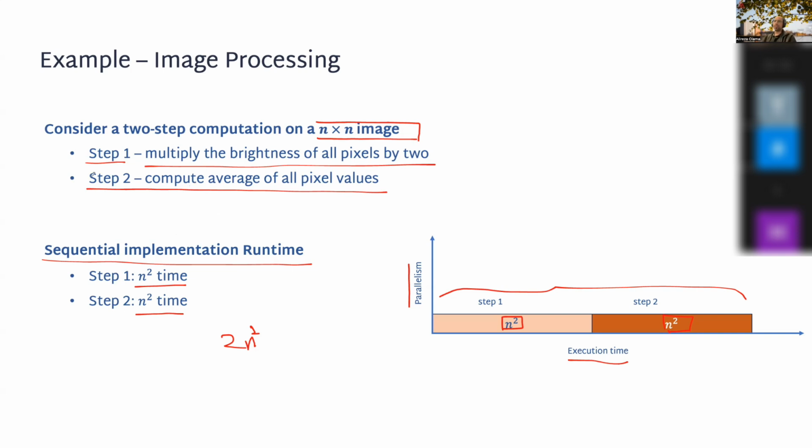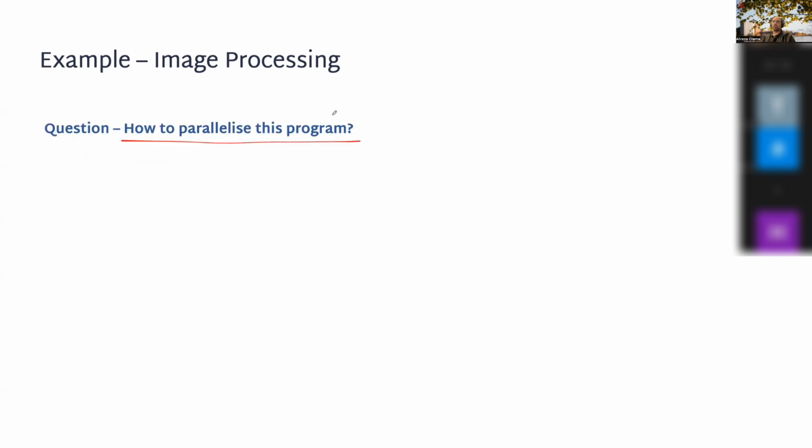Okay. So that's kind of correct. We can assume that we have an infinite number of processors, right? So we can assume, at least theoretically, that we have n times n processors. So the first strategy for parallelizing this program is to execute the first step in parallel.